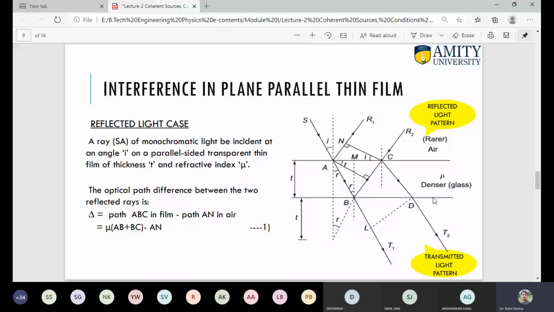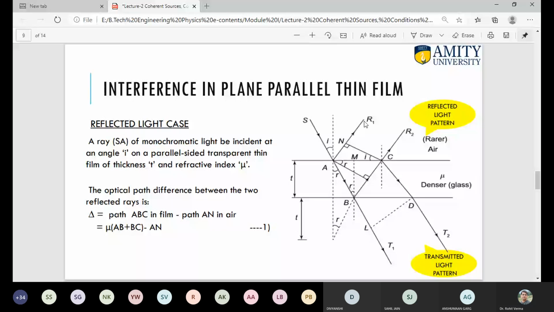This may be an oil film, a soap film, a soap bubble, or a glass. At point A, it is partially refracted and partially reflected.